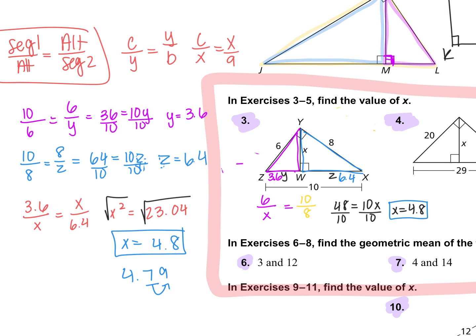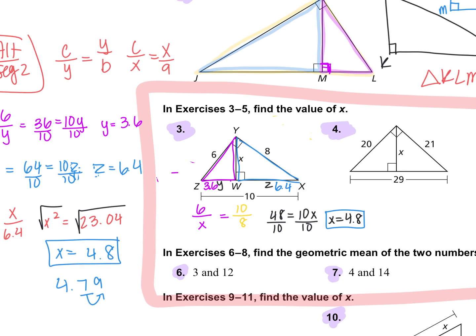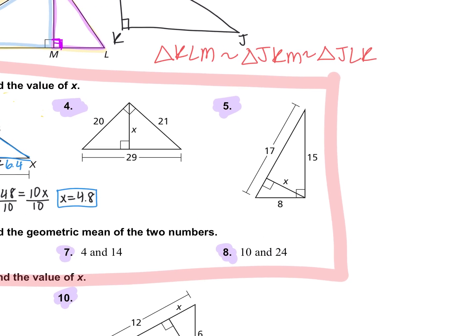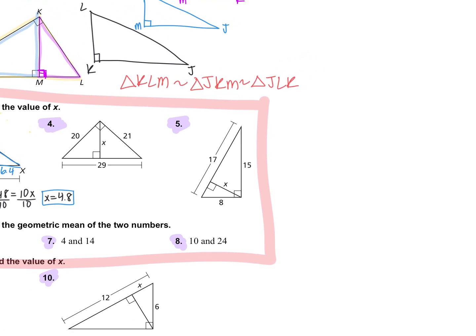So looking at number 4, I'm going to solve it the easy way, the shorter way. I'm going to go ahead and draw out the triangles. I have the blue one, the purple one, and then I'll do the red one as my original.